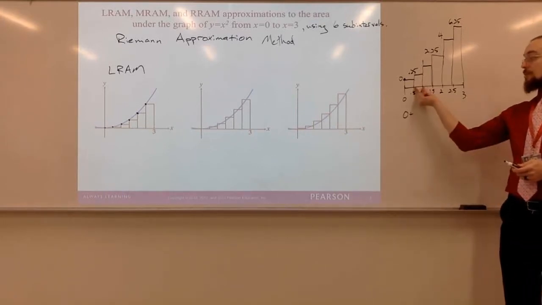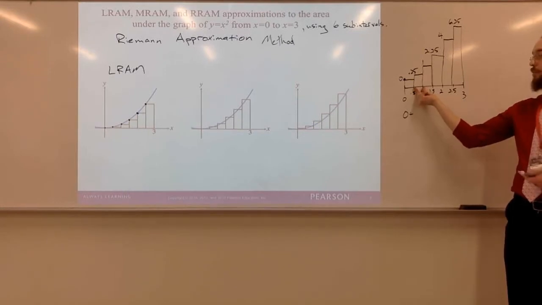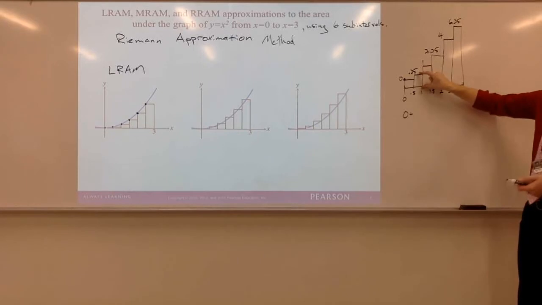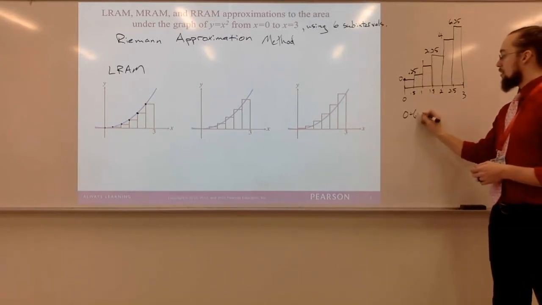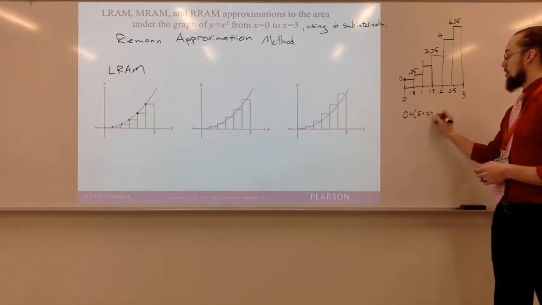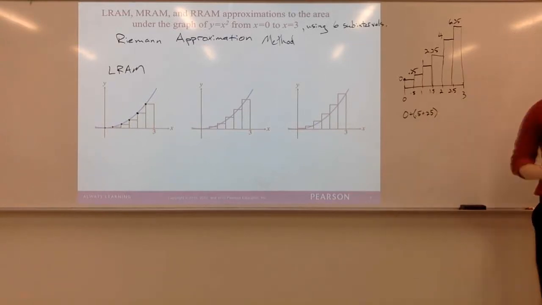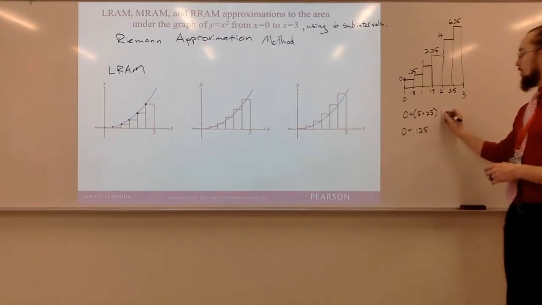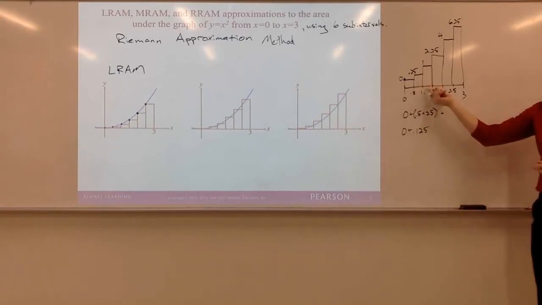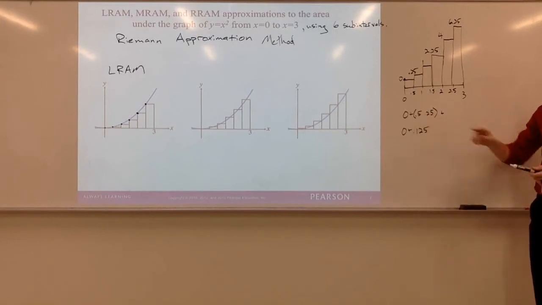This dimension of the rectangle is 0.5, and its height is 0.25. So 0.5 times 0.25, which would be 0.125. Then my third rectangle. Yep, that should be multiplication. Thank you.